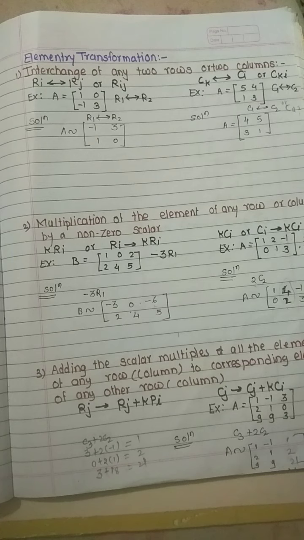Third, adding the scalar multiples of all the elements of any row or column to the corresponding elements of any other row or column.